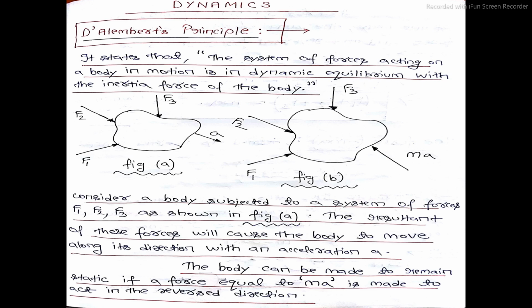For example, suppose I have one body moving with a speed of 4 km per hour when you have applied an external force of 5 Newton on that body. In this example, due to the application of external force, the body is moving. That means here we are considering the cause of motion.